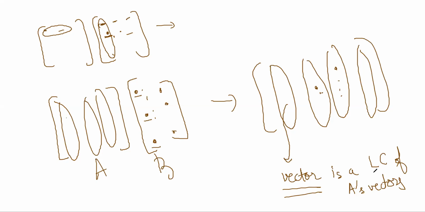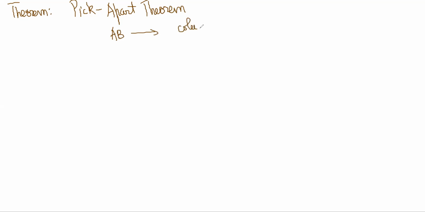The same theorem can be extended, and you can write basically two parts to this theorem. This theorem is also known as the pick apart theorem. So you can pick apart the matrix AB in terms of column vectors, or you can also pick it apart in terms of row vectors. Same thing will apply in terms of row vectors also.